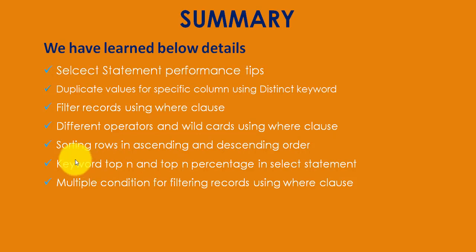We also learned how to sort rows in ascending and descending order using ORDER BY, how to use TOP N and TOP N PERCENT in a select statement, and how to use multiple conditions in the WHERE clause. In a single select statement we can use the AND and OR operators.